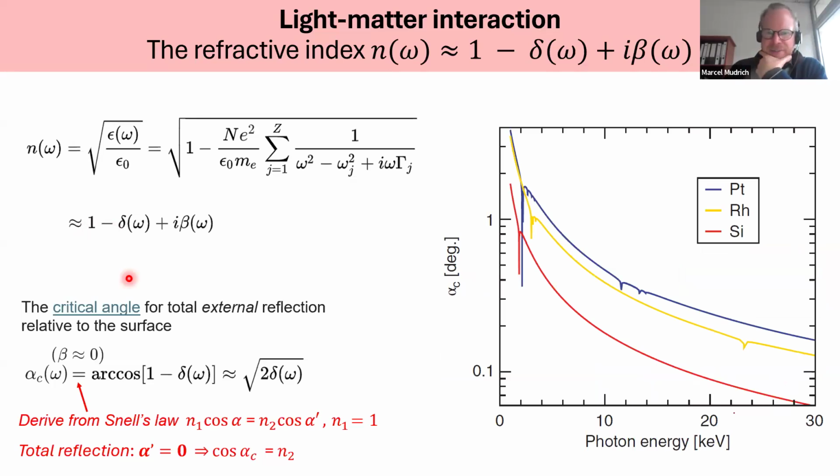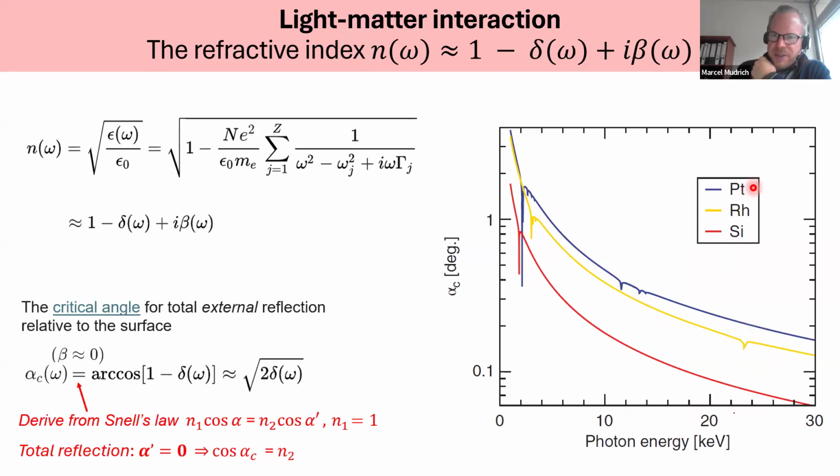All right, this is the critical angle, and so we may wonder how large these critical angles are for real materials. Is it even realistic to get into this regime of total external reflection? Yes, it is, but you see here the critical angle is very small: on the order of 1 degree for soft X-rays up to 10 keV, but then it gets way below 1 degree, more like 1/10 of a degree or so for 10 keV or 20 keV and larger.